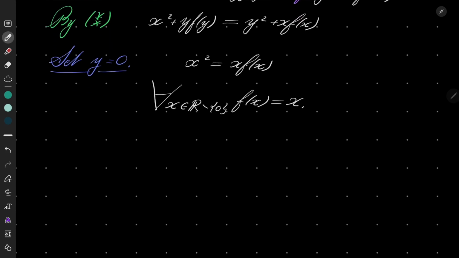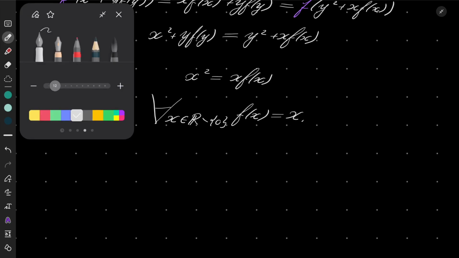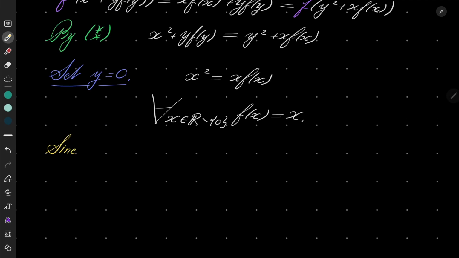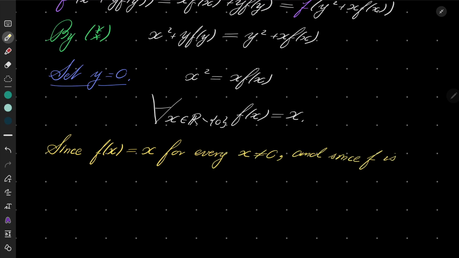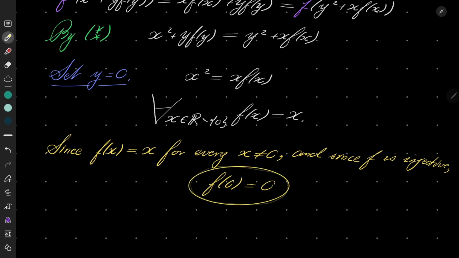Okay, but now let's notice what f of 0 is. Well, since f of x equals x for every x which is non-zero, and since f is injective, what is f of 0? F of 0 must also equal 0. Well, why is that?